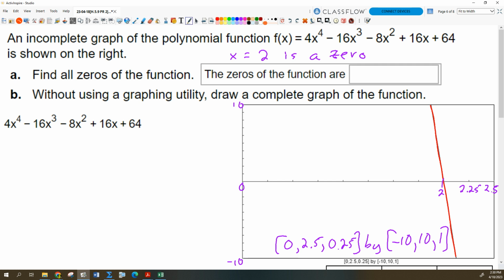How can we use that to our advantage? Okay, right. So that means that x minus 2 is a factor. So that's another thing we know, right?